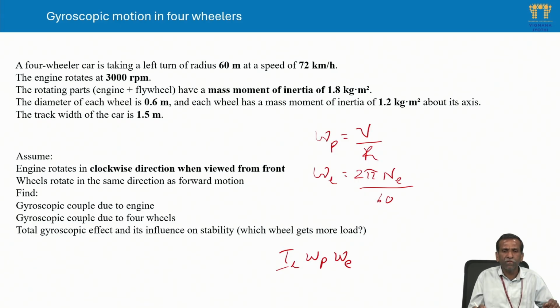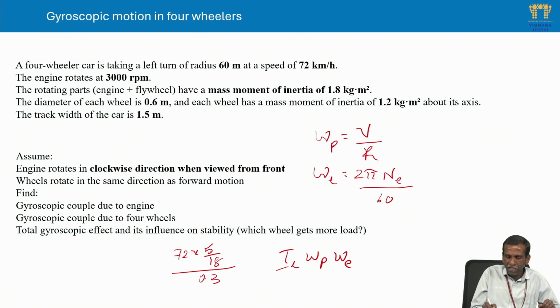The second one is the gyroscopic couple due to the 4 wheels. What is the wheel spinning velocity in this case? The vehicle is moving at 72 km per hour, that is the vehicle velocity V, and the wheel radius is 0.3 meters. So V by 0.3, that is 72 into 5 by 18 to get meters per second, whole divided by 0.3, will give omega of wheels.